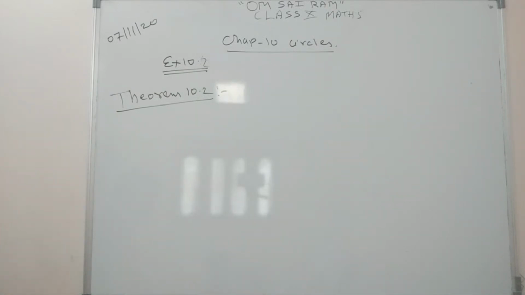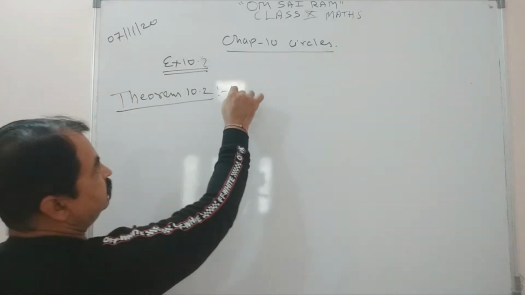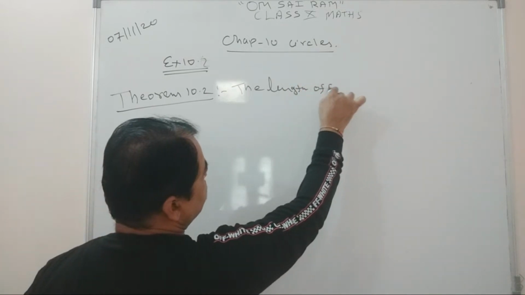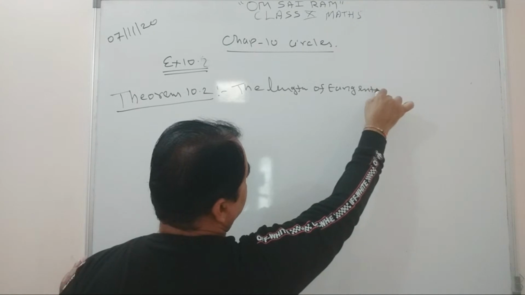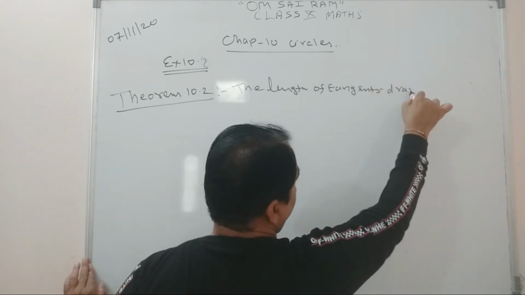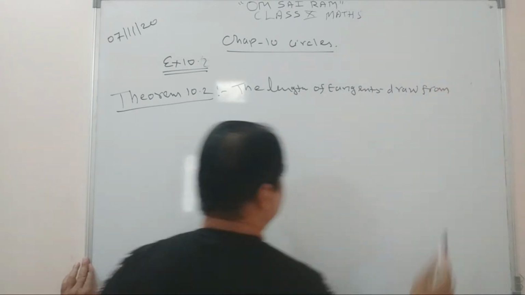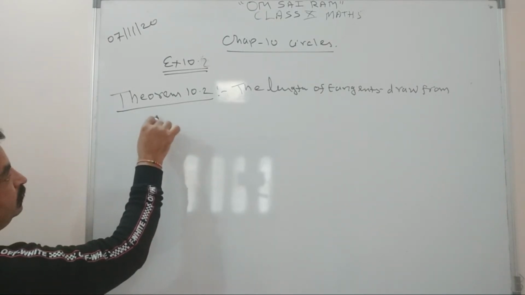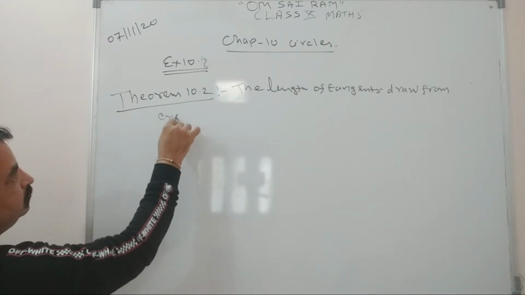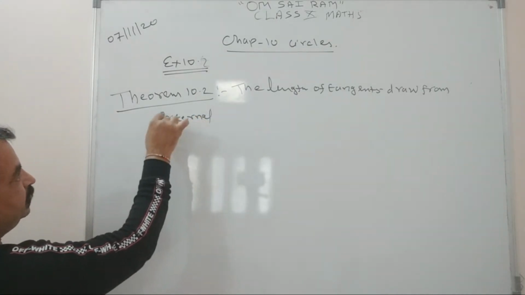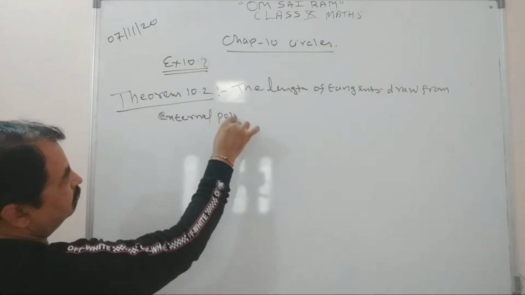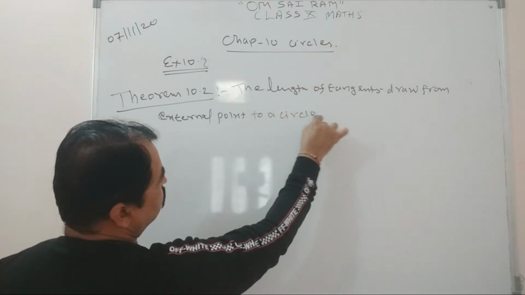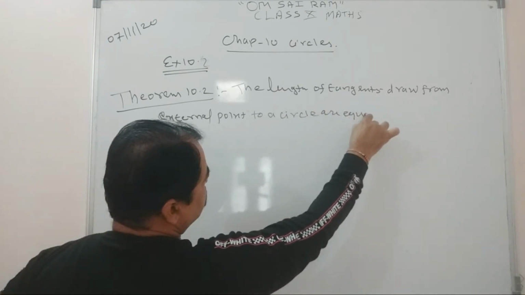What does this theorem say? This says that the length of tangents drawn from an external point to a circle are equal, children.